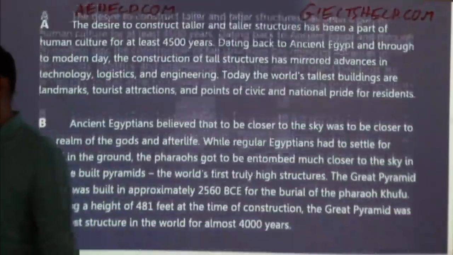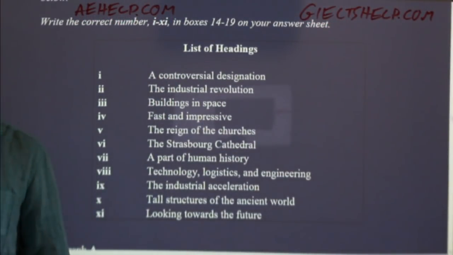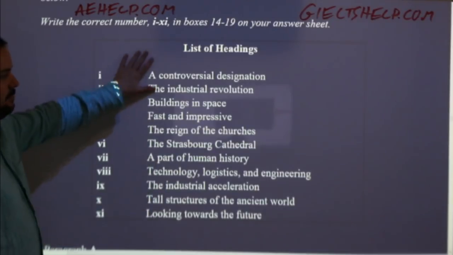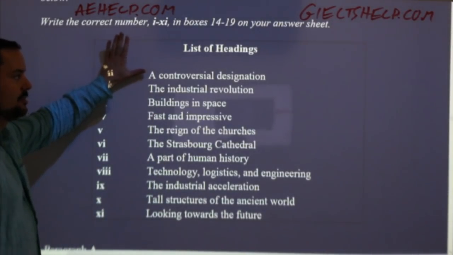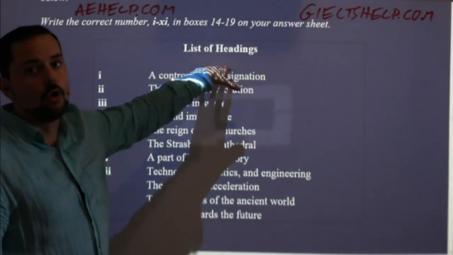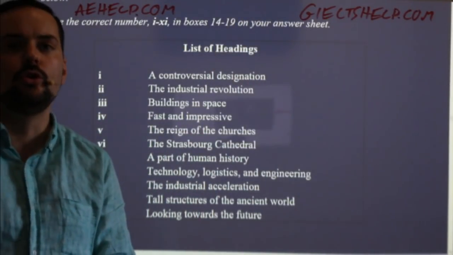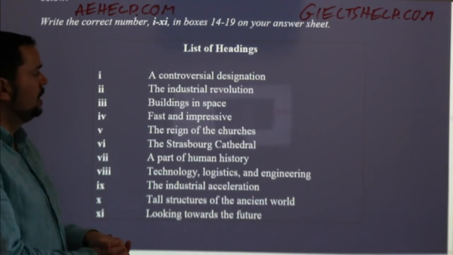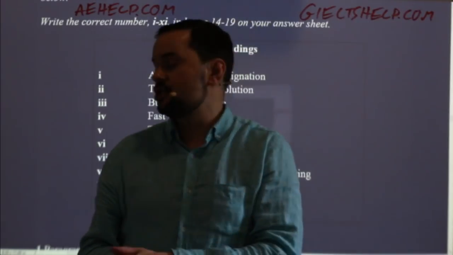All right, now, as I mentioned, the list of headings is kind of the only one that you do read. You do have some wrong information here, but you should read these before the passage because they answer a very important question for each paragraph, okay? So for list of headings, your goal is to figure out what would be the best title for each paragraph, okay?